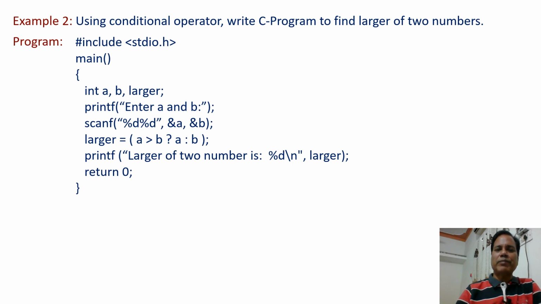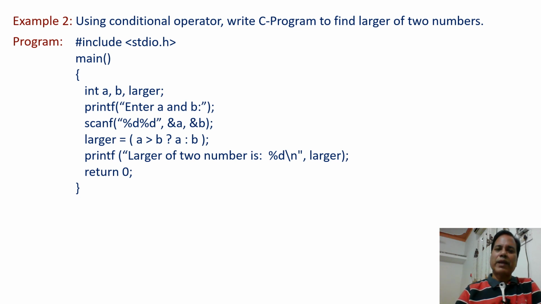Then the next statement is the printf statement. Using this, we are printing a message on the output screen: Enter a and b. And when this is executed, the cursor blinks after the colon. This printf statement is just to display the message about what data is required from the user.